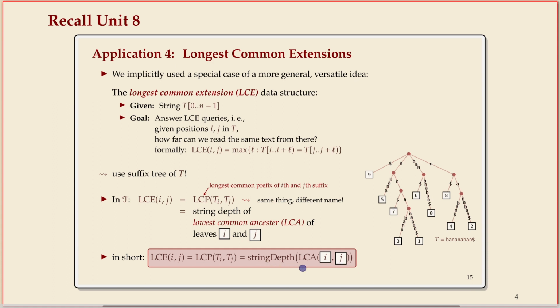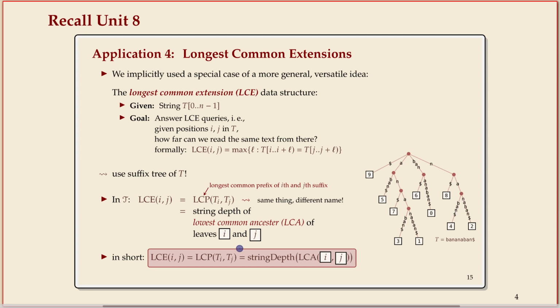And the string depth of that node, that was our longest common extension, or the longest common prefix. And we've had this example of the leaves 5 and 7, but I think it's too small. So if you want to see the example again, maybe we go back to Unit 8 instead.